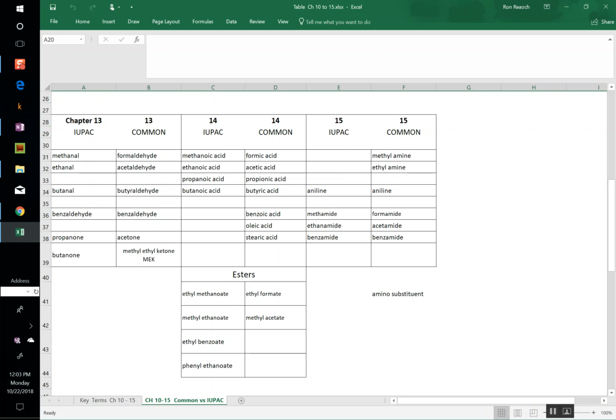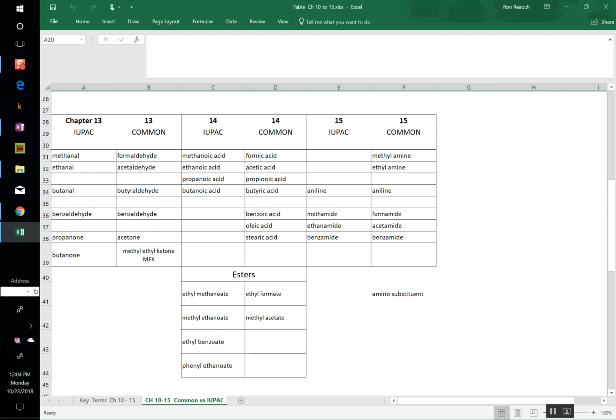I'm going to only pick from these right here. So pick one. Benzaldehyde. Okay, let's see. So benzaldehyde. That probably is the hardest one there. That's why I picked it.